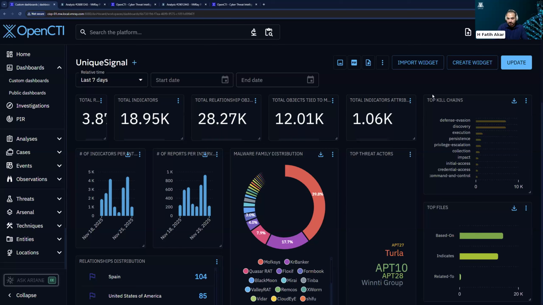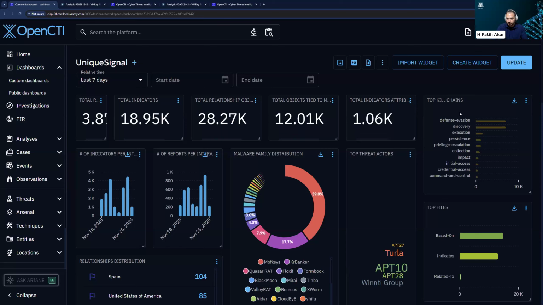And in there, we not only give these relationship objects to just tie random hashes or IP addresses to each other, but also we attach that behavioral information that VMRay is expert on monitoring, and map that to the MITRE ATT&CK corpus through MITRE ATT&CK technique IDs, and then just give you what this indicator is actually related to. And on the right side of your screen, you can see the top kill chains.